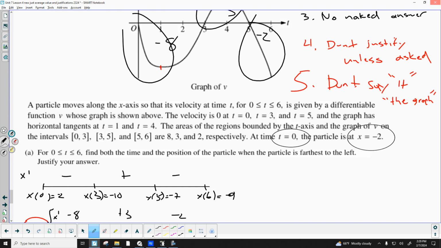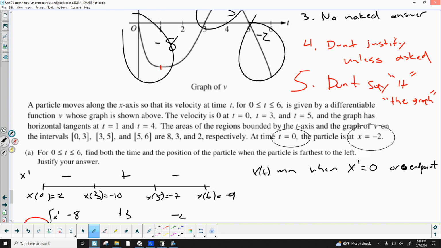Here it is. My position is a min when the derivative of position is what? Equal to 0, probably safer to say changes sign, or an endpoint.